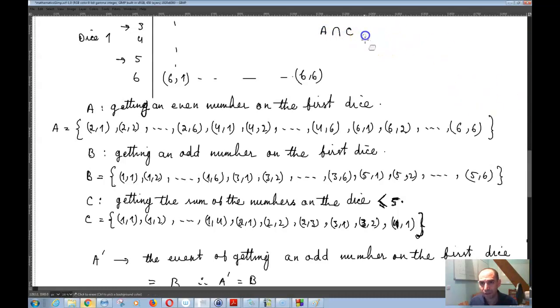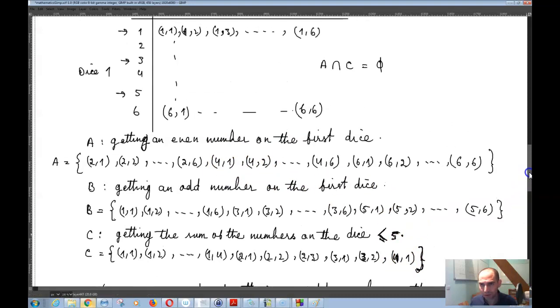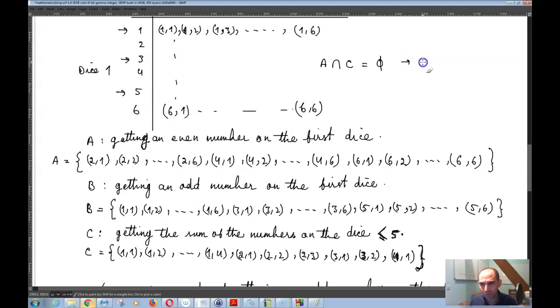Over here you have basically even numbers, and you can see that, for example, 4, as a counterexample, is a member they have in common, so this is false.